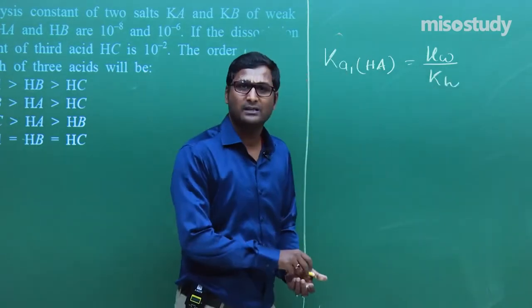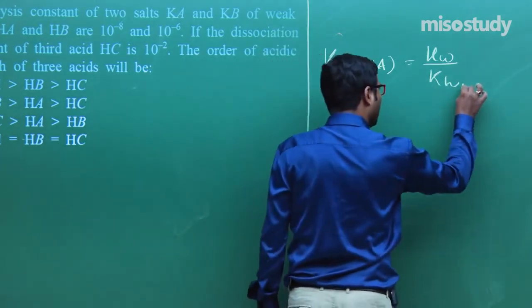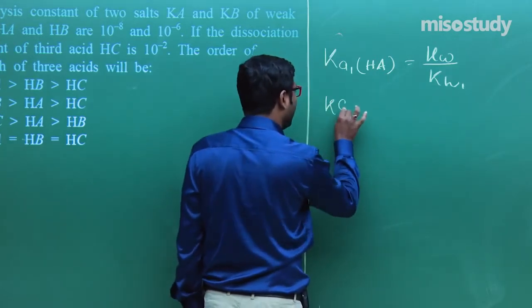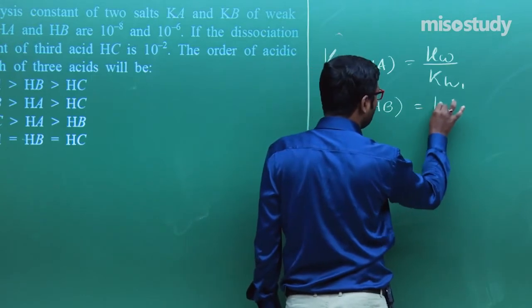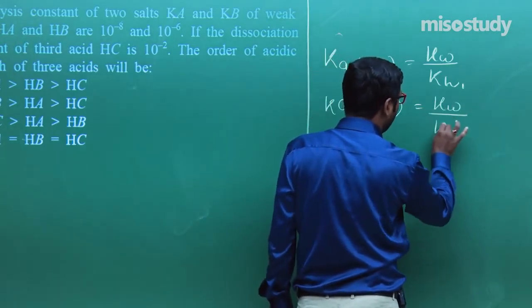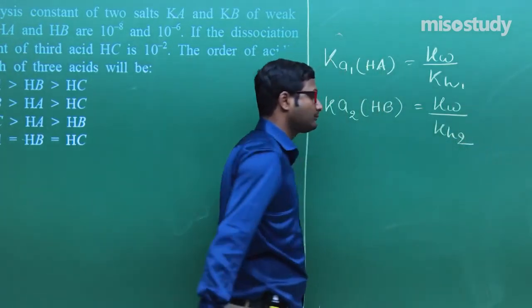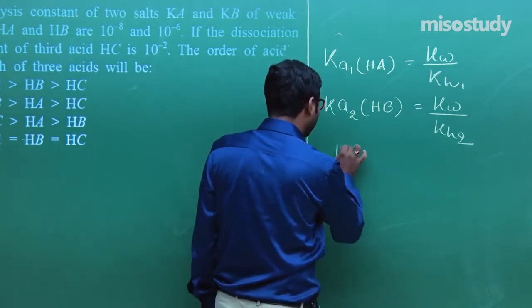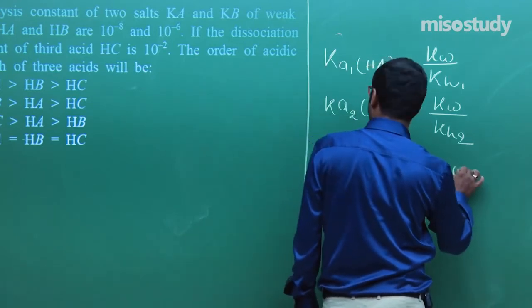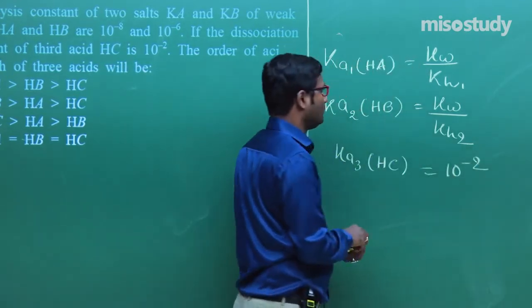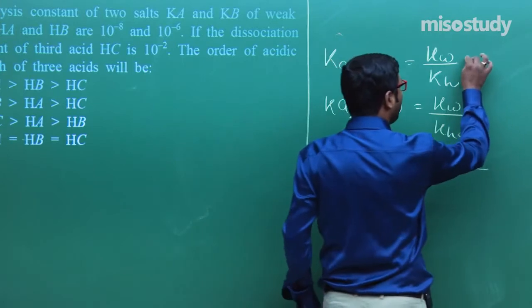Do you remember this formula? And Ka2 for HB is equal to Kw upon Kh2. Clear? And Ka3 for HC is given as 10 to the power minus 2. Now what is the value of Kw?